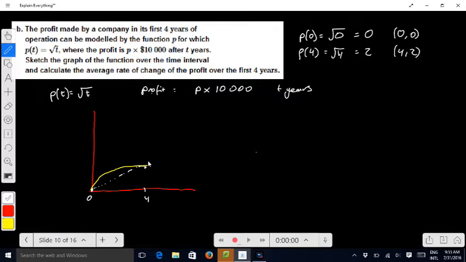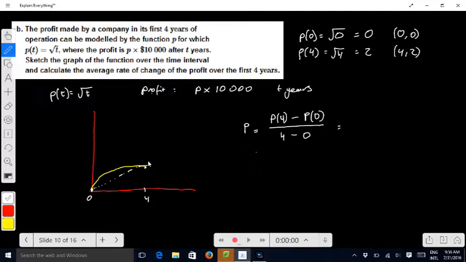So average rate of change for our profit is going to be P of 4, which is our final take initial, over 4 take 0, which is the time.